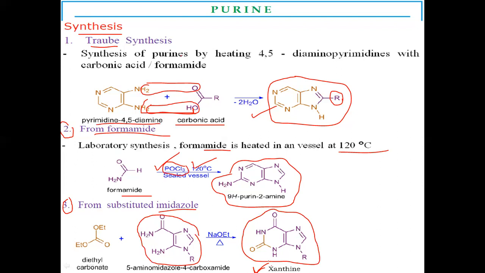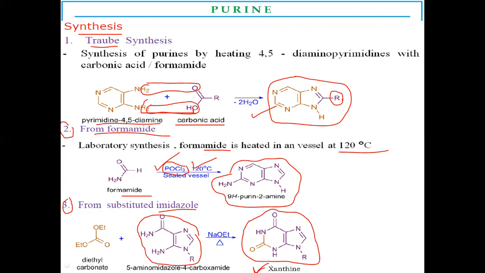In this way, you have to prepare the purines. In the Traube synthesis, pyrimidine 4,5-diamines react with acetic acid. There is a loss of 2 water molecules, and an 8-substituted purine is the final product.